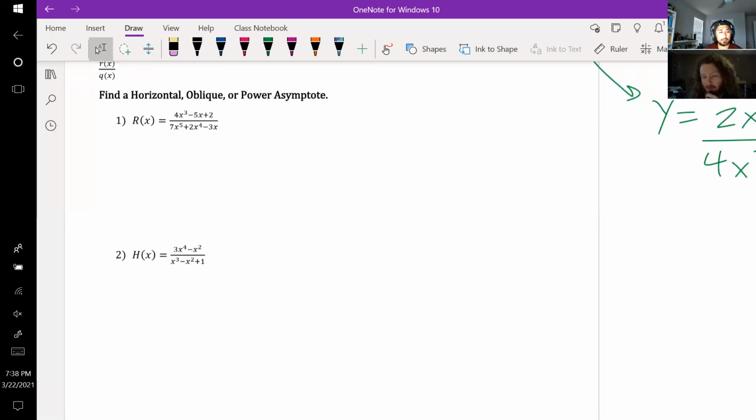Yep. This is 5.3 properties. Make sure this is the one that says 2021. This is the one we've been working on today, so it works out. Double check that real quick. I think it is. No, it's not.